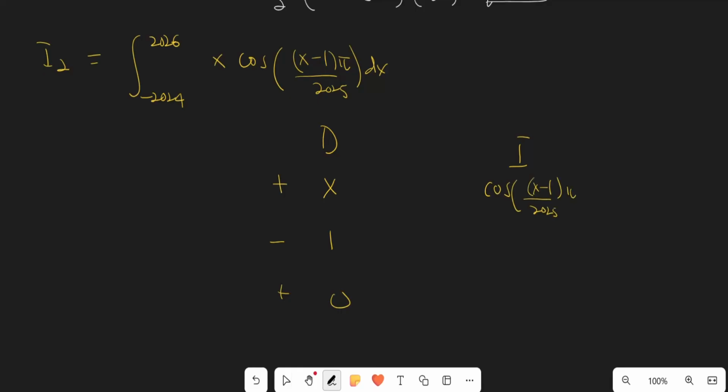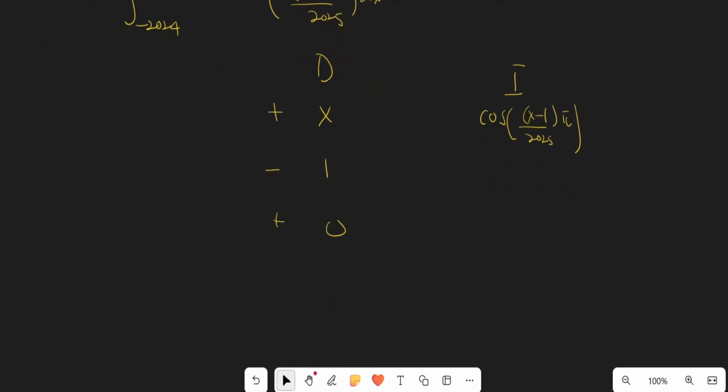Integrating the cosine gives sine of the angle, then we differentiate the angle and divide. The derivative of the angle with respect to x is pi over 2025, and you are dividing, so we take the reciprocal, which is 2025 over pi.